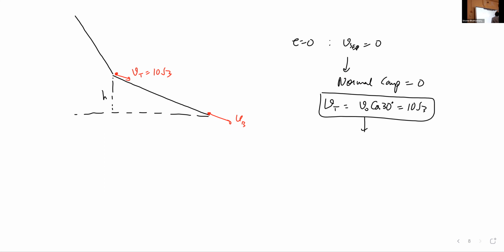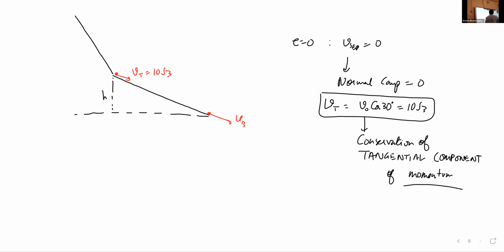This is coming from conservation of tangential component of momentum in an oblique impact.